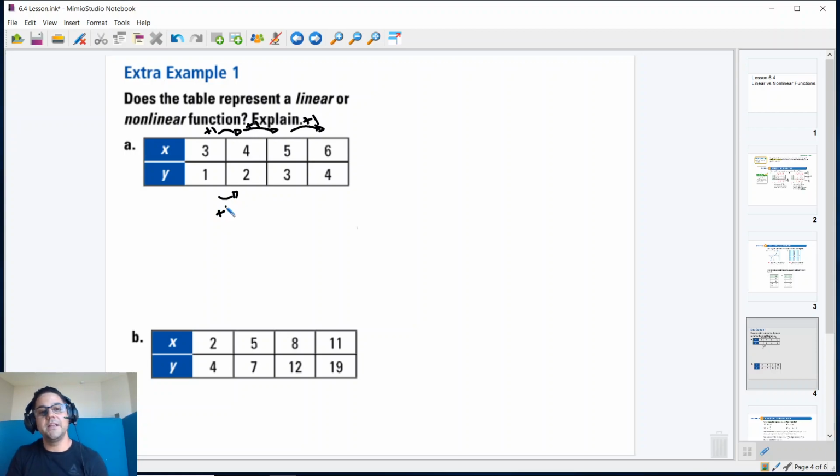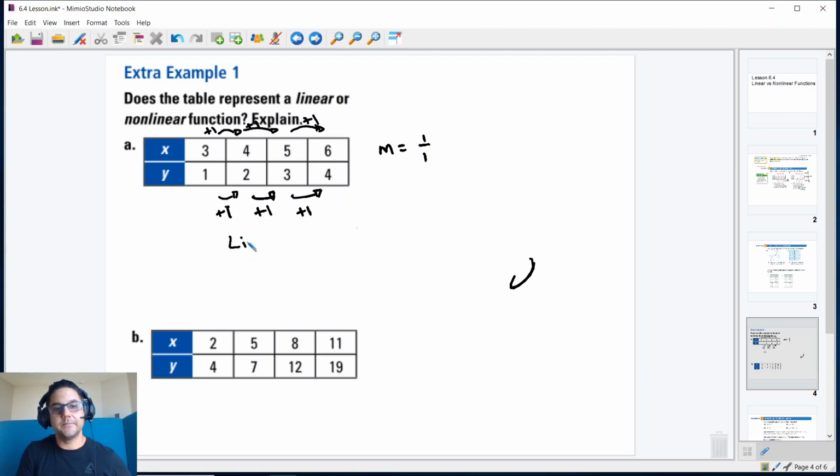Oh, computer's freezing. Oops, there we go. So plus 1, and if you notice, they're all plus 1. That means my slope is 1 over 1. The rate of change and slope, we're going to use interchangeably. The rate of change is 1 over 1, so therefore this is linear.